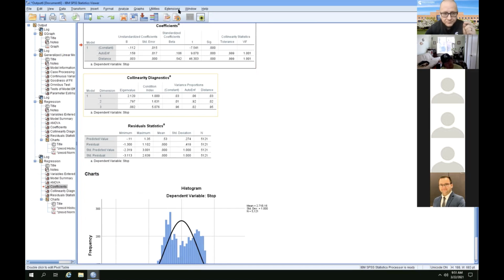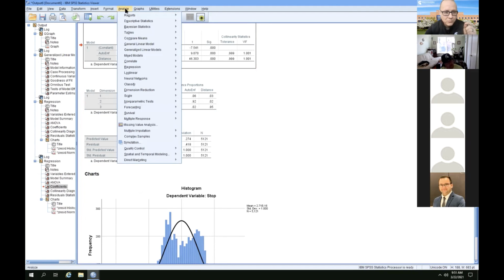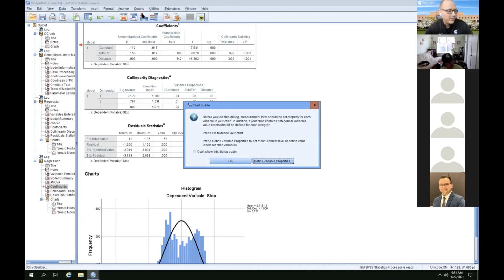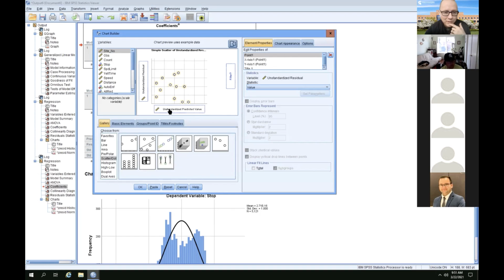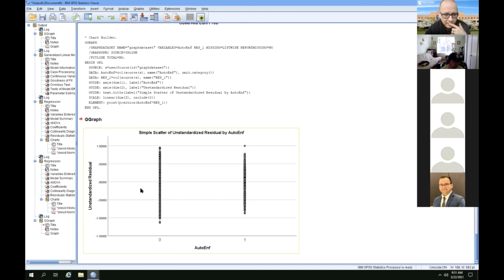Now, when we look at those residual plots, one thing that came up, and I apologize, I'm 1 minute over time here, so I understand if you have to bail, but if we look at residuals versus, let's say, I think auto enforcement might have been one of the two.